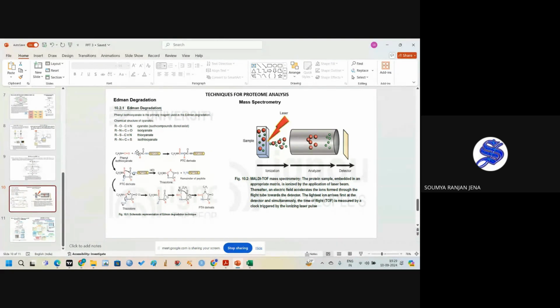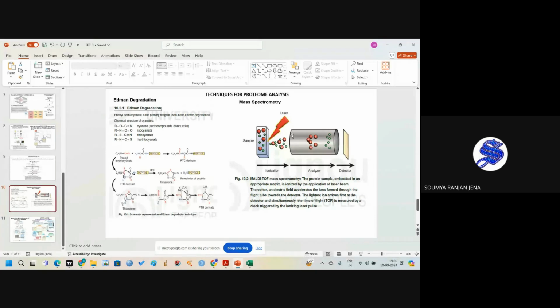This is for N-terminal determination. It gives the N-terminal amino acid each time, a fast detection of N-terminal analysis. Then to this peptide you can add PTC, phenyl isothiocyanate, then the second amino acid will be detected by this process, and then the third amino acid, by this 1, 2, 3, 4 detection, you can find out all the sequence of the amino acids.